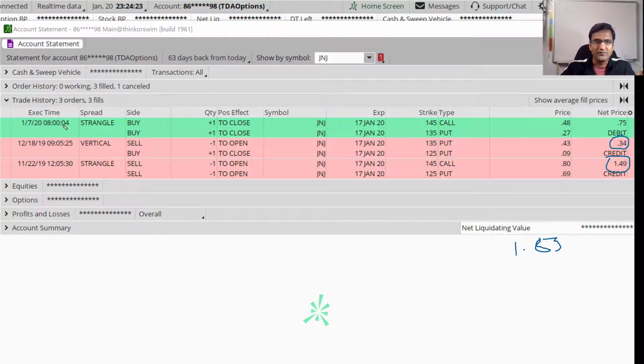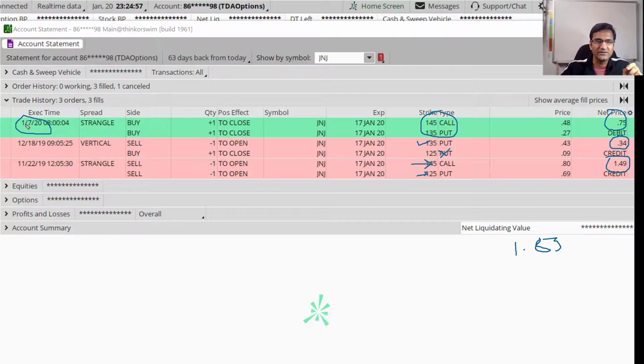And then we got an opportunity on 7th of January to close this new strangle. Remember, our old strangle had a call at 145 and a put at 125. We closed the 125 put and opened up a 135 put. So our new strangle was the 135 put and 145 call, and we were able to close it for 75 cents.